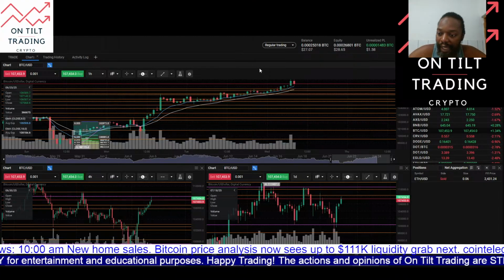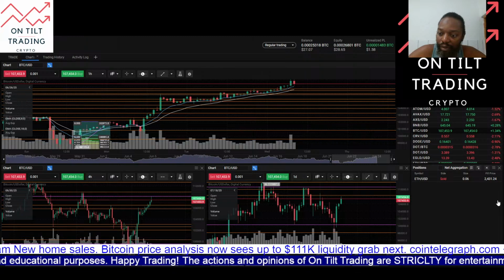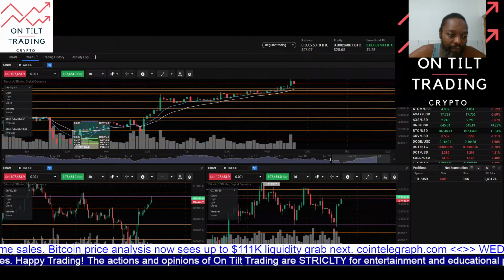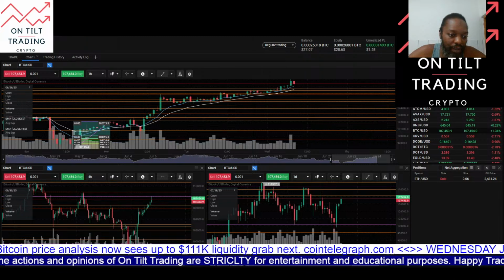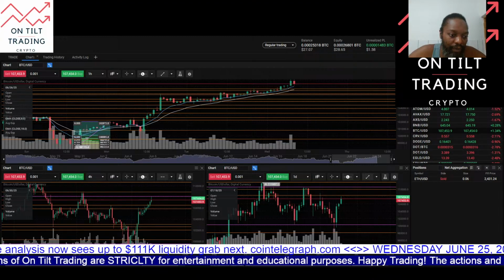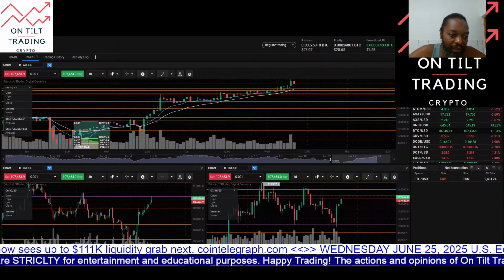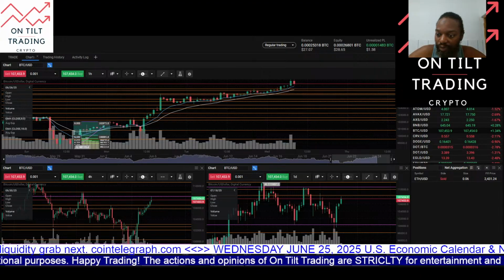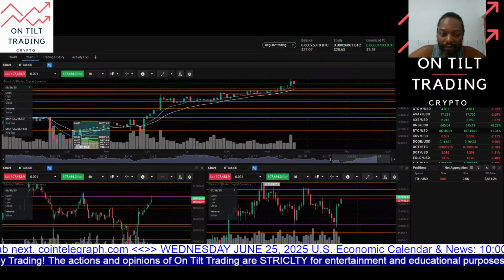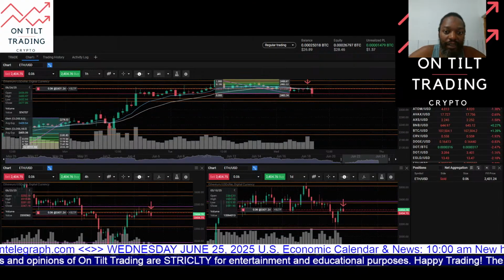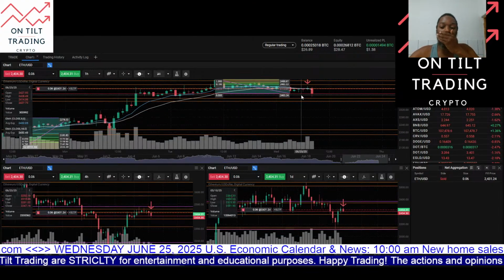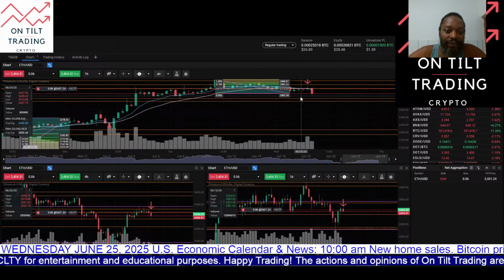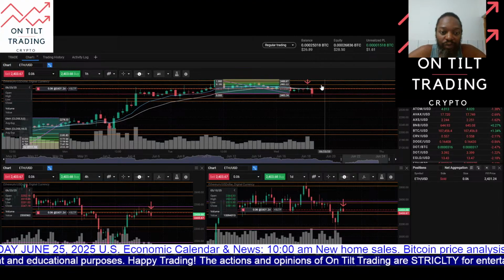So this could also be Bitcoin pulling back before sweeping out this buy side liquidity up here, just because it does not seem to want to roll over. But if that is the case, market conditions would likely take Ethereum back up with it.